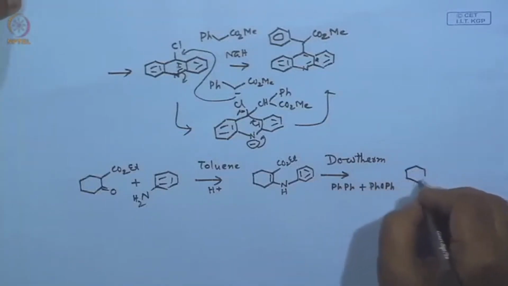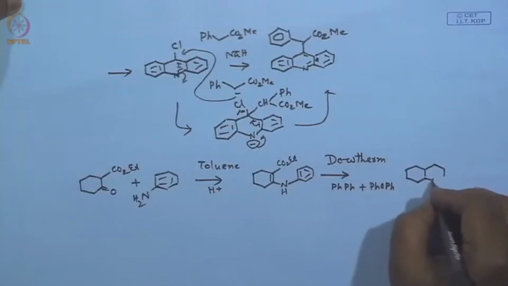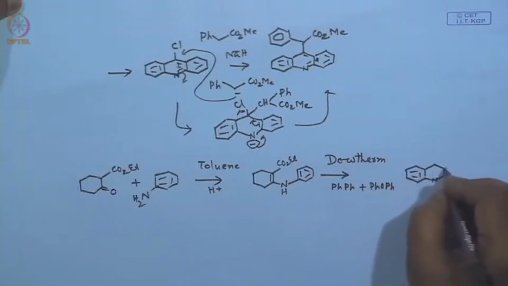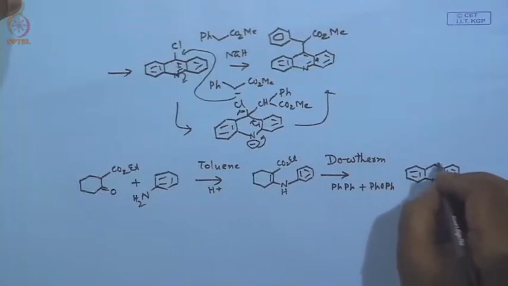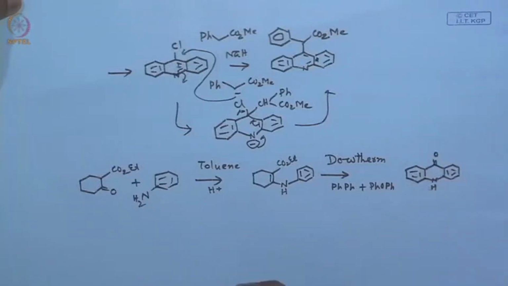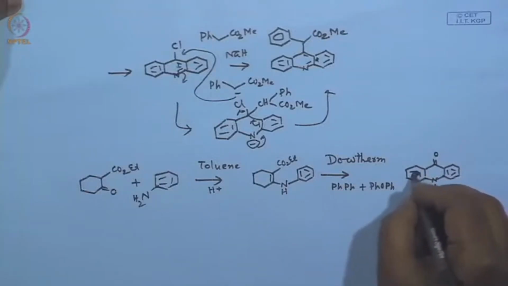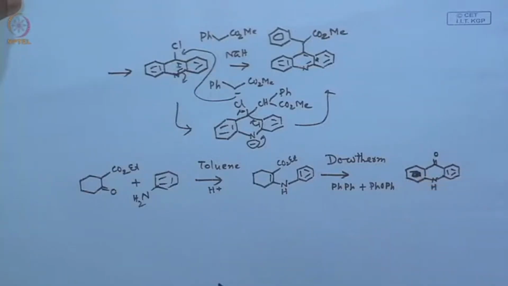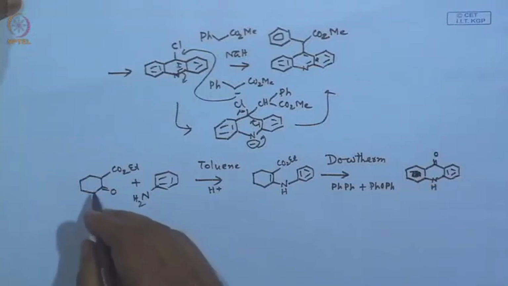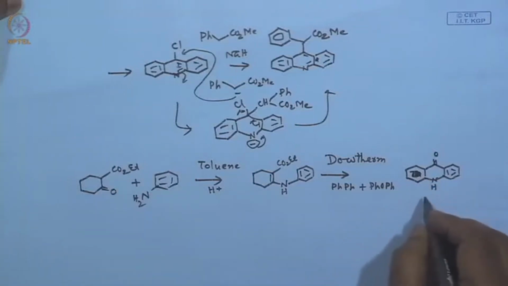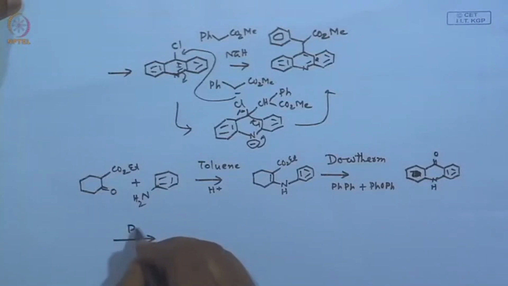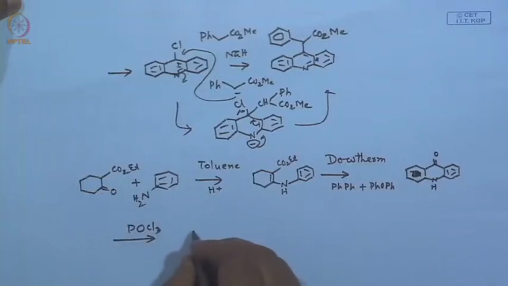Once you have these, then an internal amide or vinylogous amide is formed, and what you get is the corresponding ketone, and this is NH. What next? Very similar, only one of the rings is not aromatic. If you treat this with POCl3, a very standard chemical in heterocyclic chemistry, what do you expect?